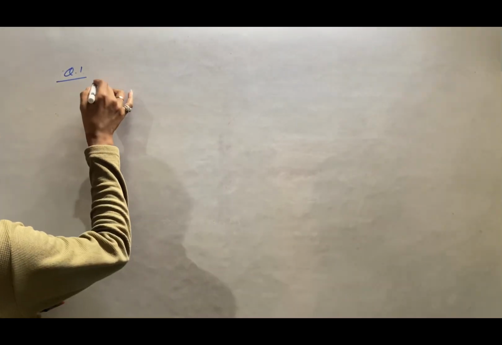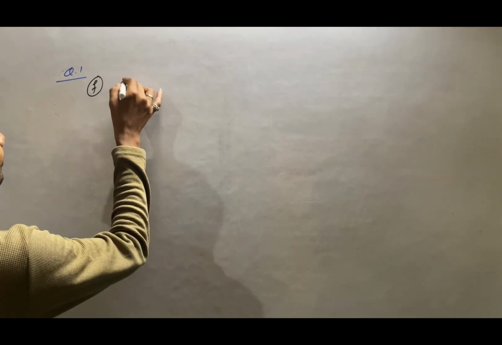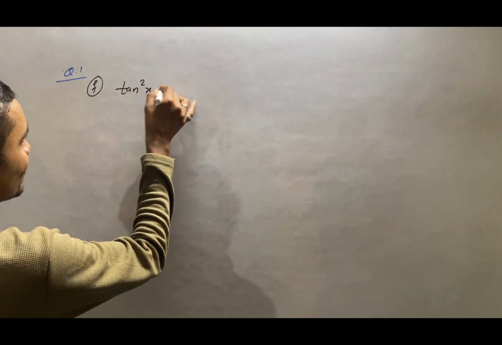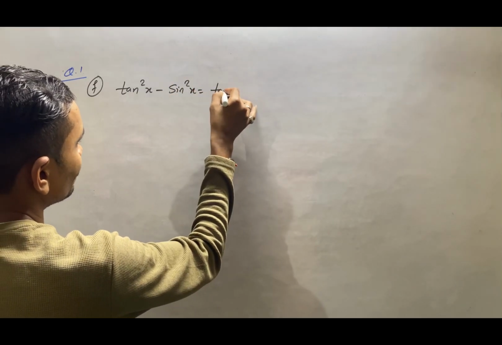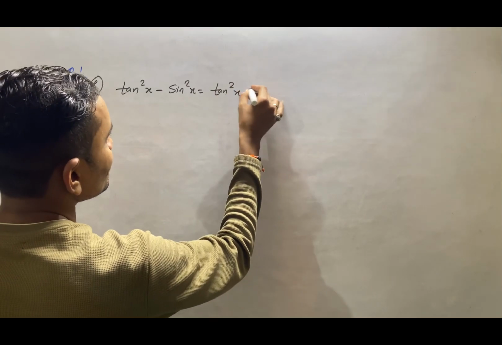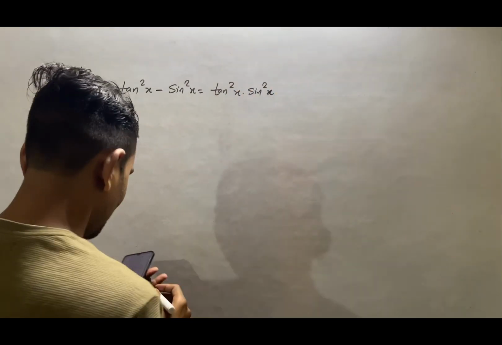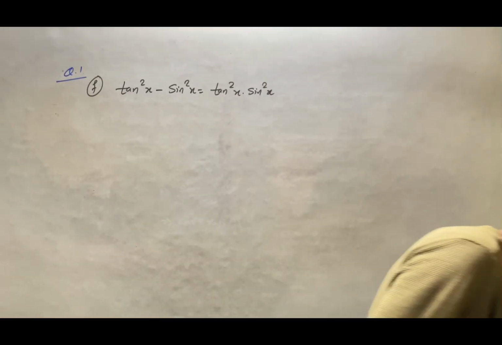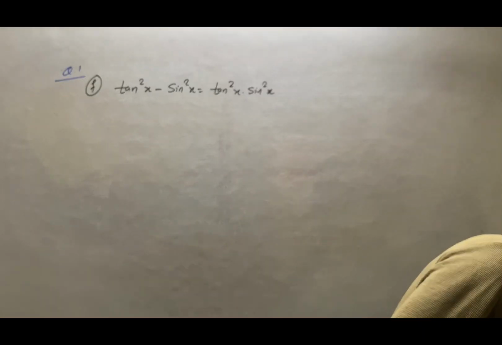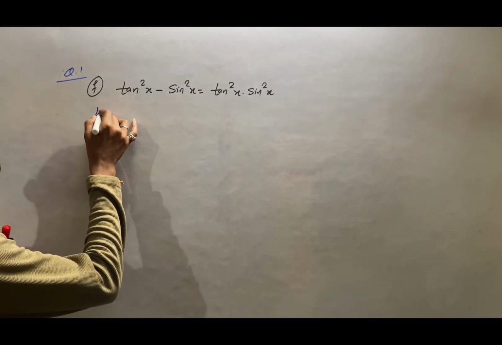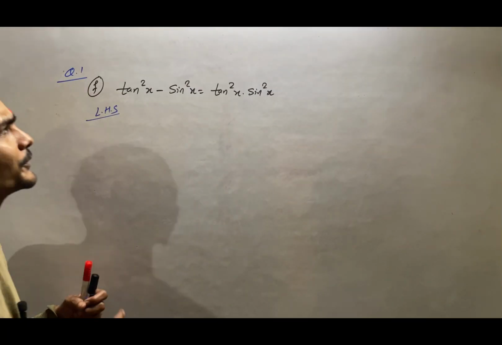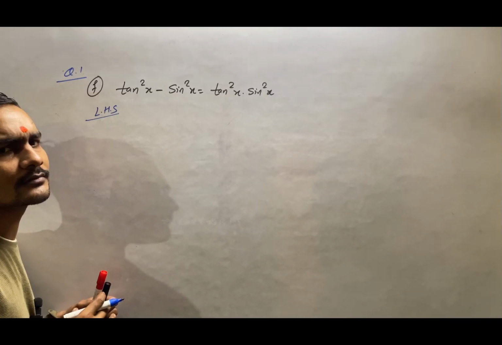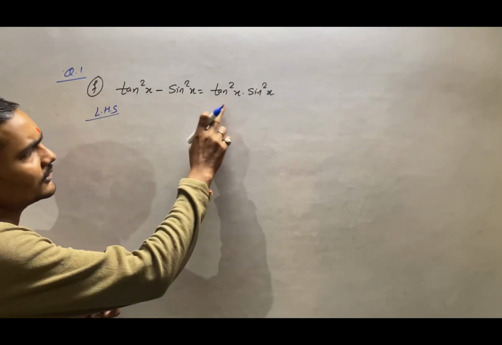But let's say what we have is tan square x minus sine square x, and we have to prove it equals tan square x times sine square x. So now what will we do? In LHS, what can we do?